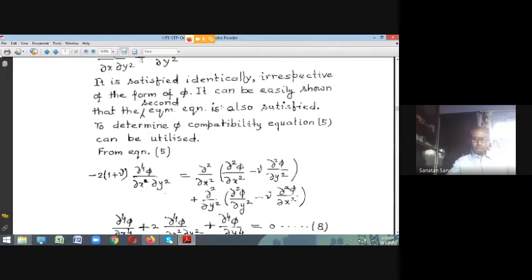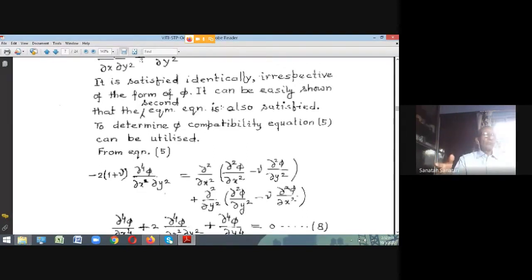Now, for any stress analysis problem, what remains to be done is that you simply determine this function phi, which is a function of x and y, and you get the solution, provided of course the stresses satisfy the specified boundary conditions.